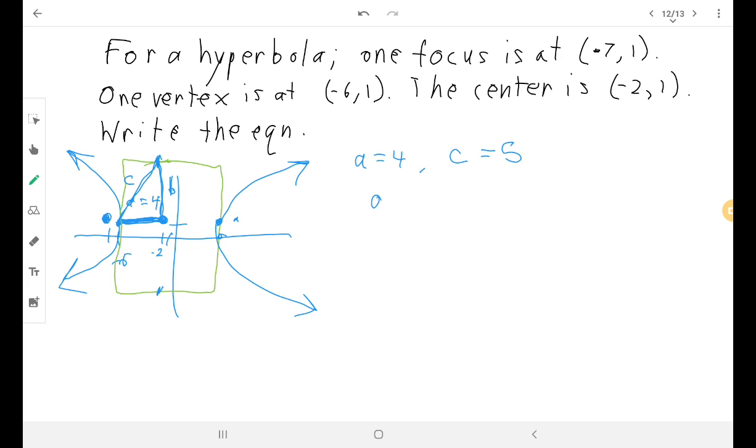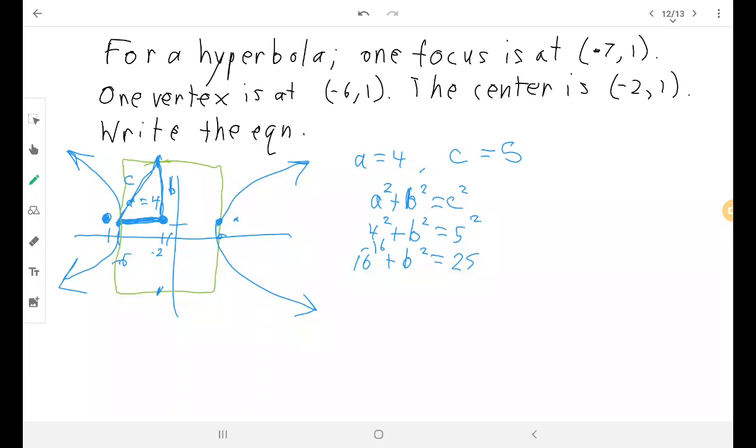So again, what that right triangle tells me is that a squared plus b squared equals c squared in this case, and that a is 4, I don't know b, but c is 5, and so that gives me 16 plus b squared equals 25.